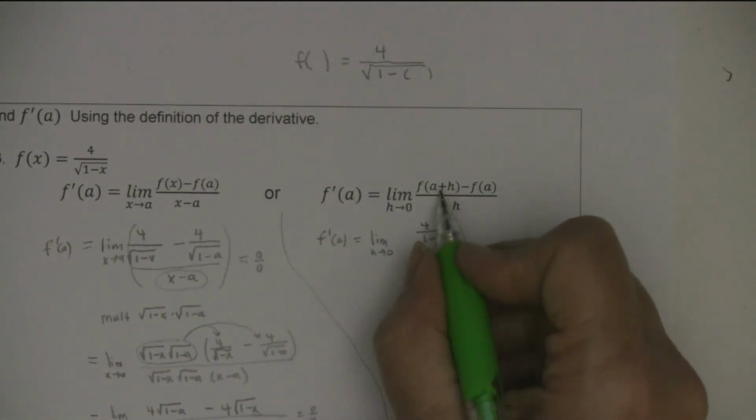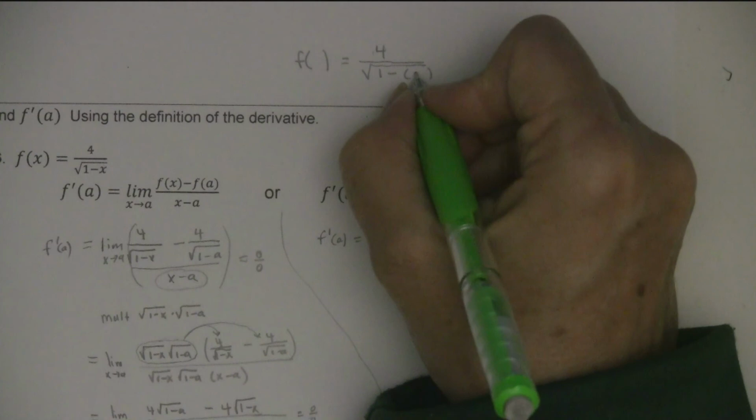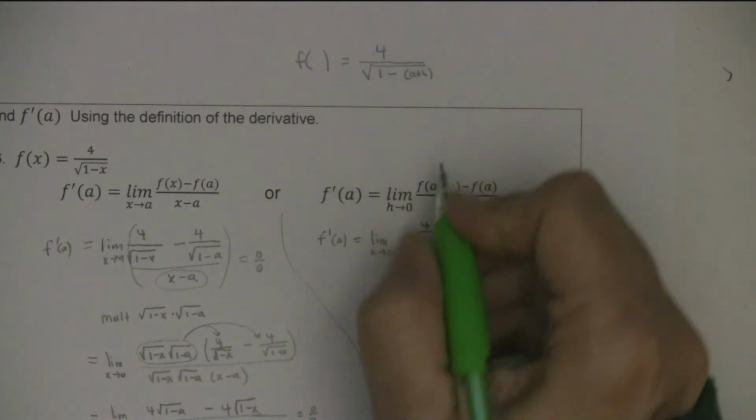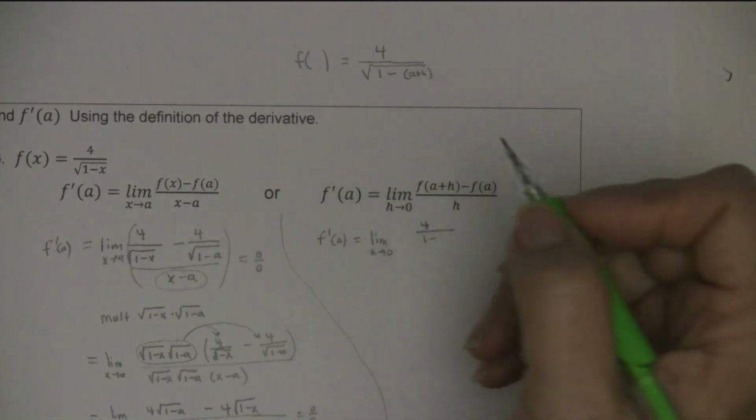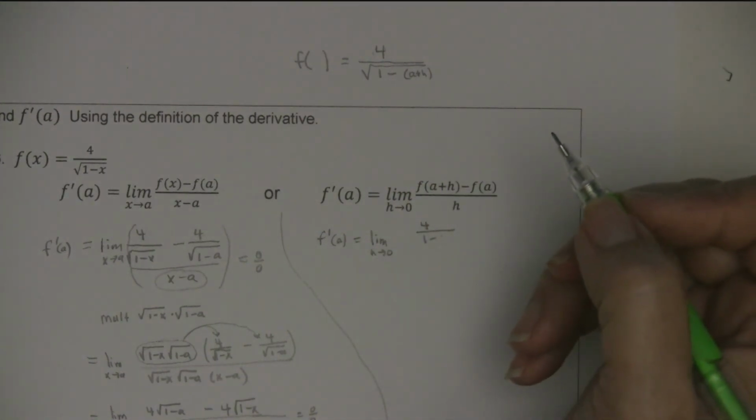And what we have to put in the blank is a plus h. So do you see what I was saying about having to be careful? It's really going to be minus a minus h, because parentheses are implied when you substitute.